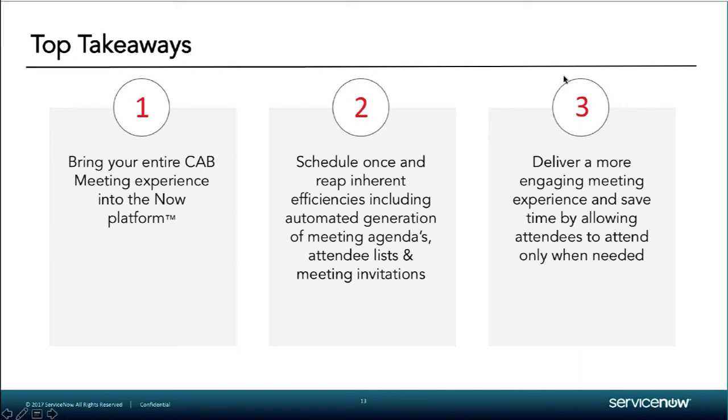Will this be primarily focused on Istanbul or the new Jakarta release? In full disclosure, what I just showed you was Jakarta, but 99.9% of what I showed you is applicable in Istanbul. Some key differences: that recurring meeting window field was labeled differently in Istanbul. It was something like "create meetings for."